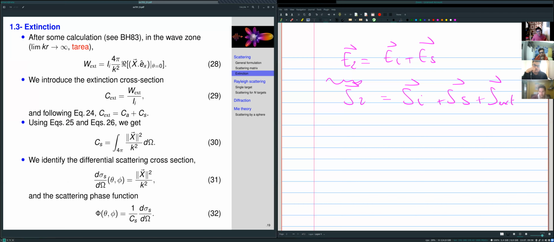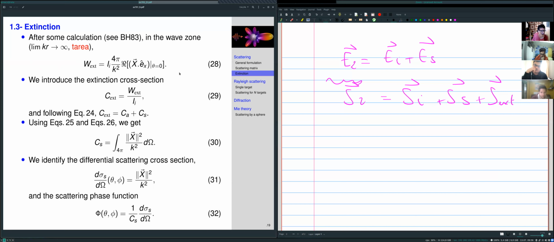So it would be towards the big lobe here, towards the Z direction. The total flux of the extinction component depends only on the scattering amplitude in the forward direction. This is called the optical theorem. That's what it's called, the optical theorem.